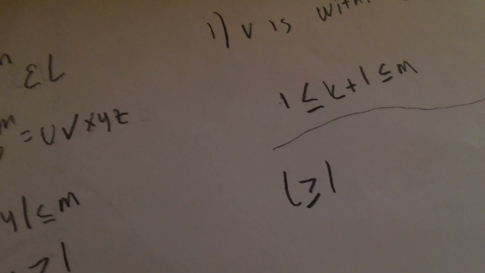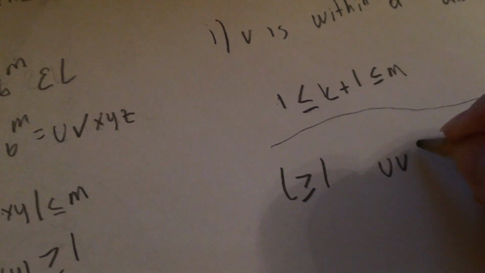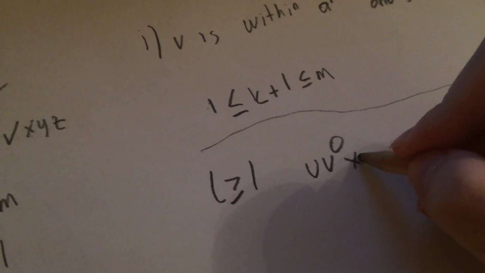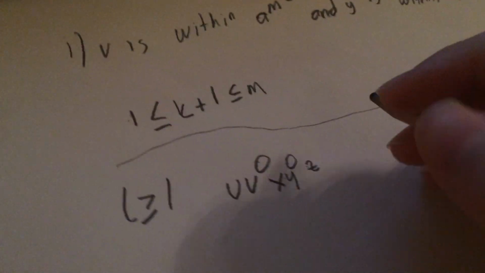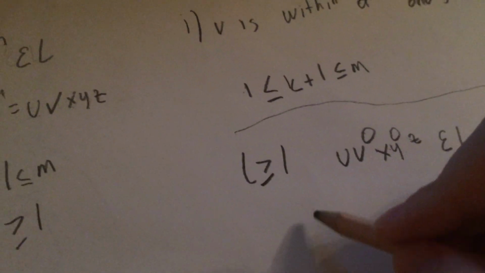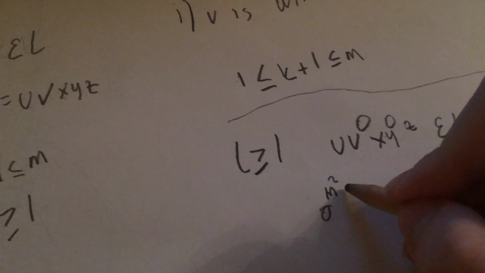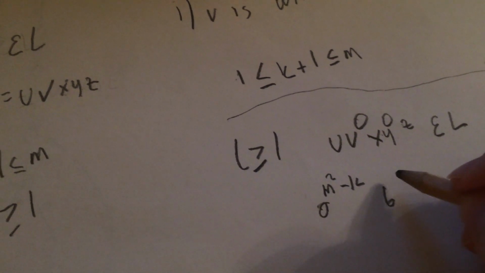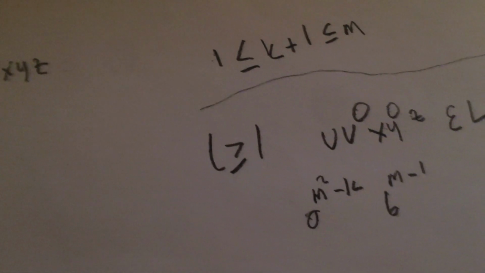So let's write a line and say, from the Pumping Lemma, we have that u v^0 x y^0 z will be in this language. Therefore, a^(m²−k) b^(m−l) will be in this language.